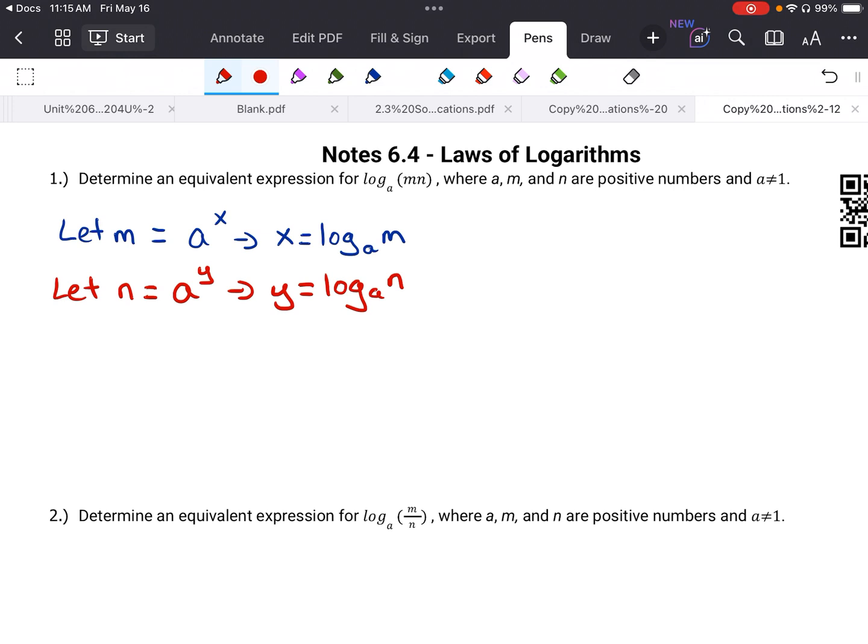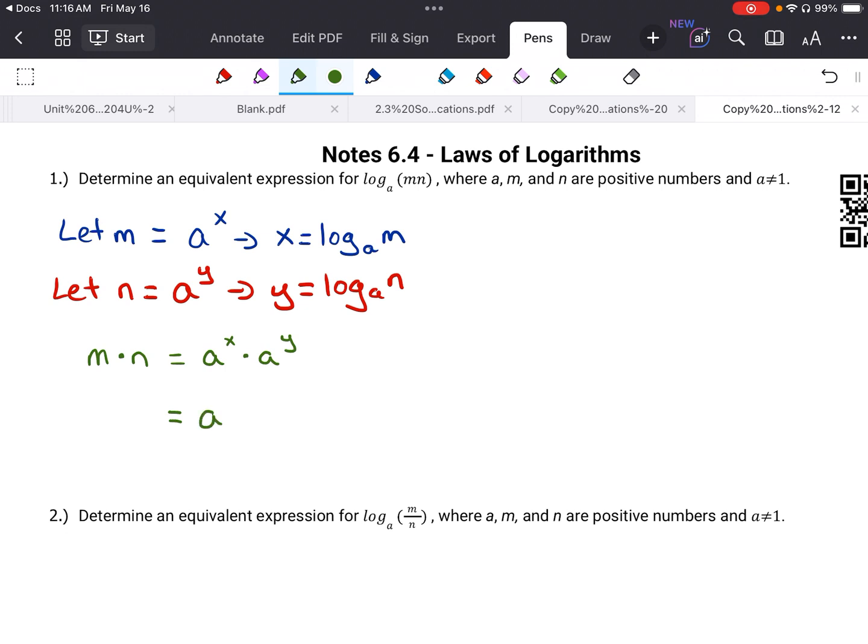Of a, m, and n, everything is in terms of a. So we can conclude here that m times n means the same thing as a to the power x times a to the power y. And we know through our exponent laws, when you're multiplying the same base with exponents, we add the exponents.